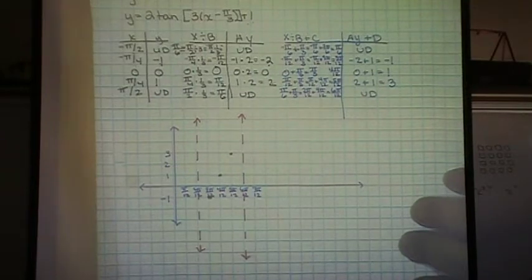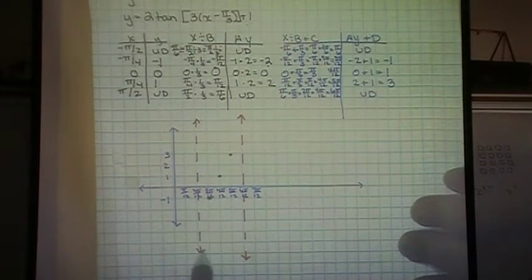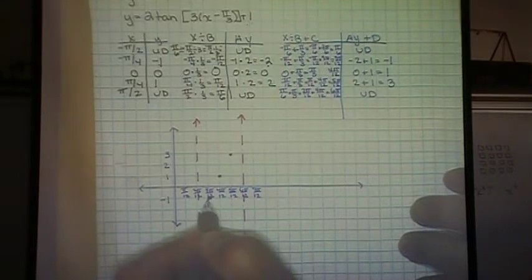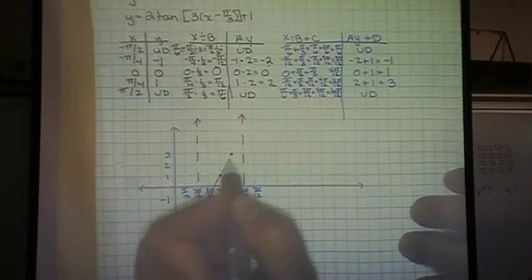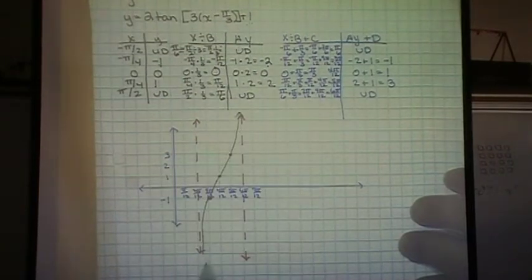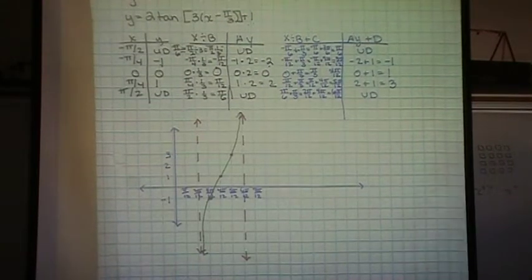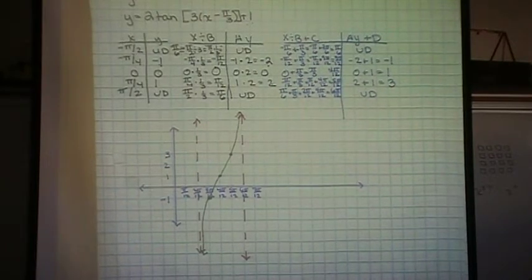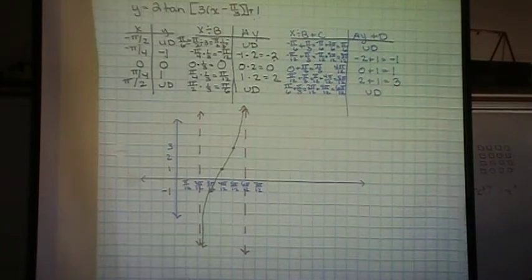Now to sketch your graph, it's not a straight line, it is a curve. So it comes up the asymptote, curves into the first point, keeps going, curves into the second, third, and so forth. And that's what a tangent graph looks like. And it just keeps repeating this same pattern.